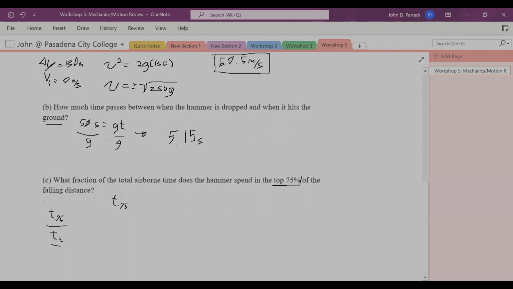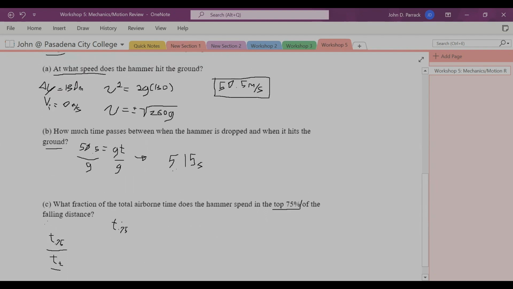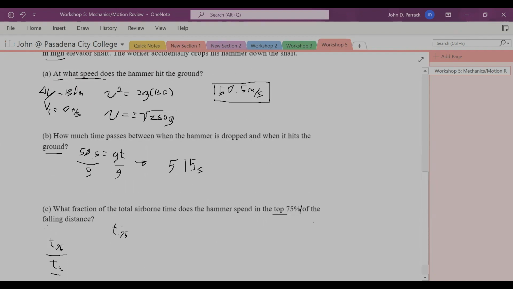And really, we can just do the exact same thing that we did previously. But now, instead, we're just looking at how long it takes to fall 75% of the distance. So what is 75% of the distance? Well, delta y was equal to 130 meters. So 0.75 times delta y is equal to what?